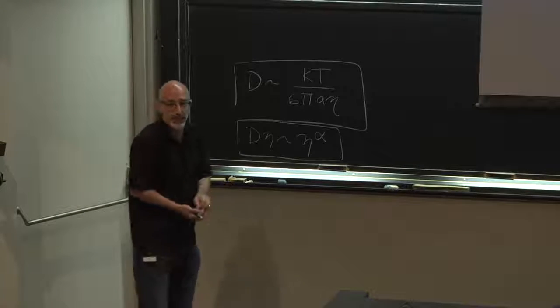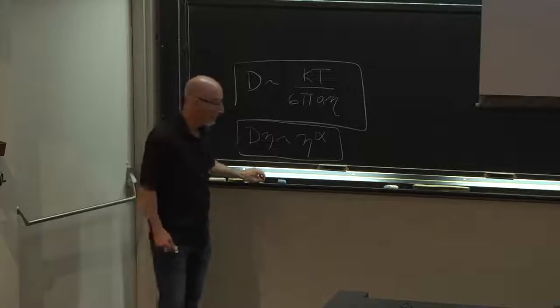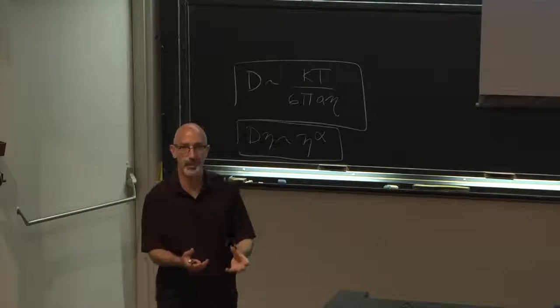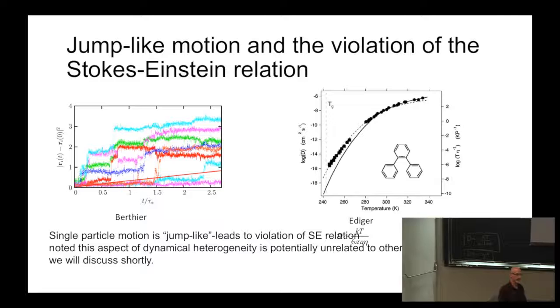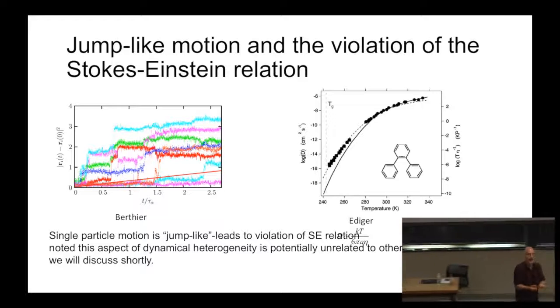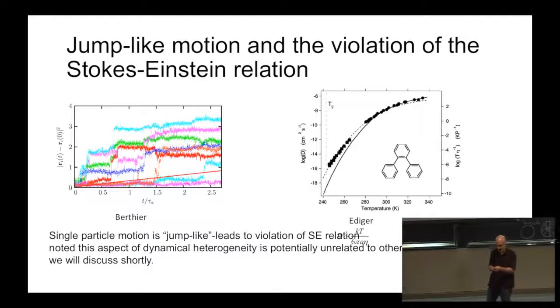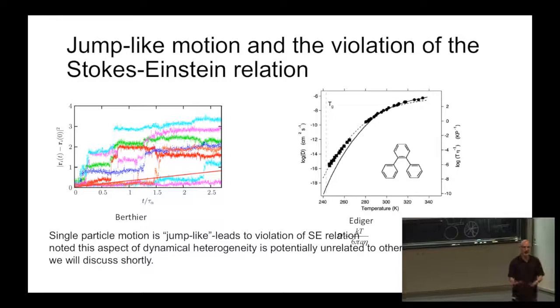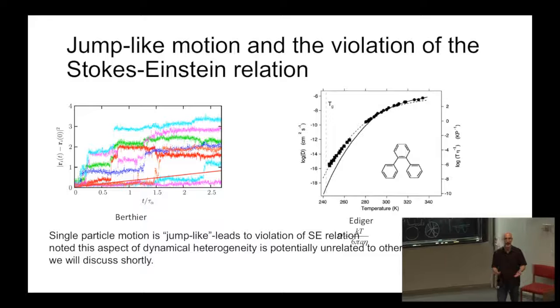And that shouldn't necessarily be surprising. Basically, this decoupling between viscosity and diffusion should be a consequence of the fact that the diffusion is going to be dominated by these rare particles that make large displacements. Right? And they're making displacements that are larger than you would expect, so the diffusion constant is effectively larger.